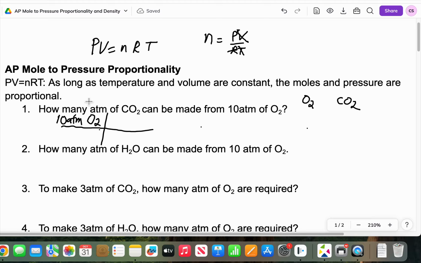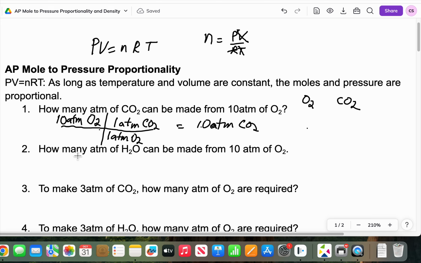For every one atmosphere of O2, you can make one atmosphere of CO2, because the two O's go into the CO2s. So you can get 10 atmospheres of CO2.